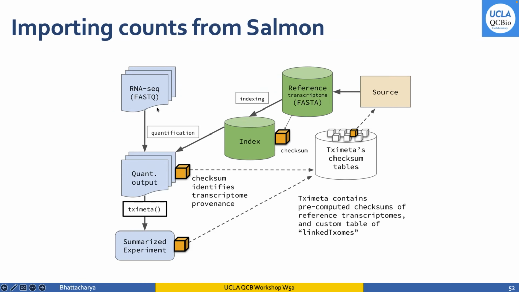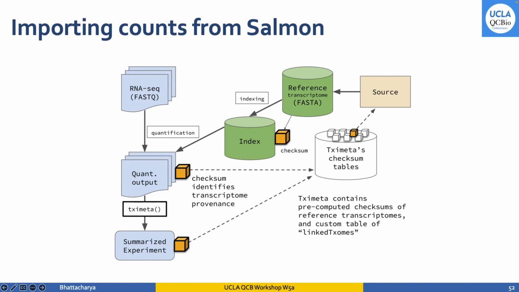We have raw RNA-seq FASTQ files. We've quantified them using Salmon. We have our output with lots of associated auxiliary information. We also have the sources for our reference transcriptome, which is in our FASTA assembly.